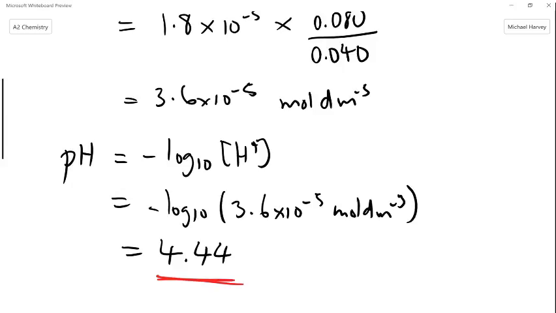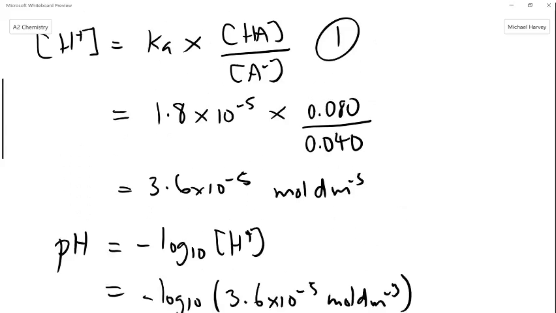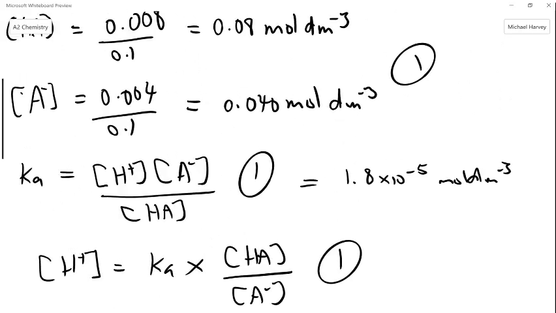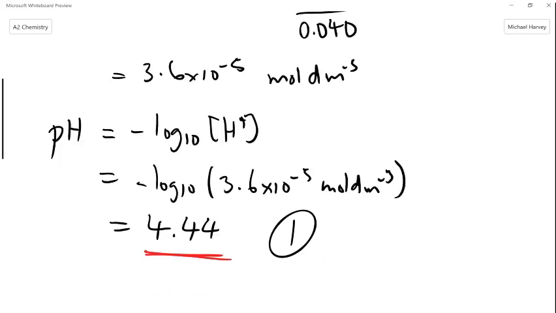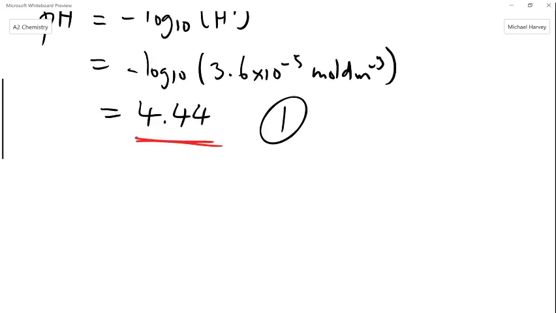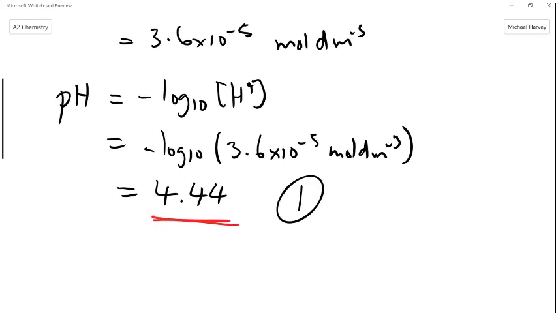There we go, and there is your final mark. So 1, 2, 3, 4, 5, 6 marks, easily achieved, and that's how you get a full 6 marks in such questions.